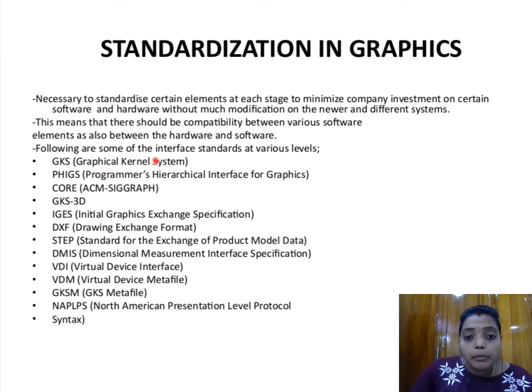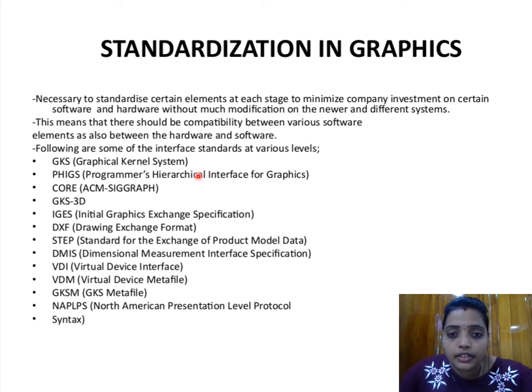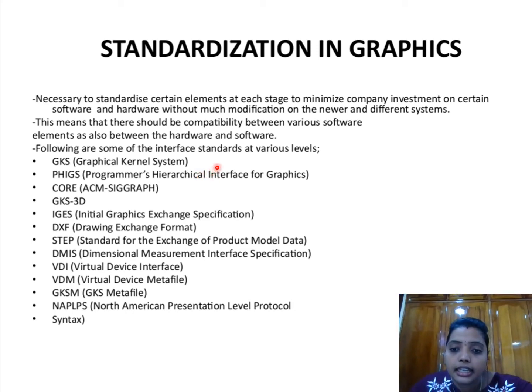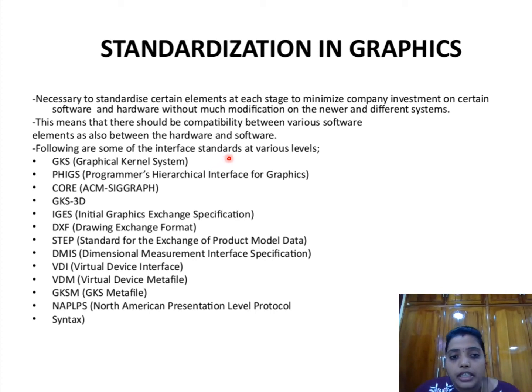Okay, following are some of the interface standards at various levels. As I said before, those are the different types of standards. Now let us see one by one and what are the full forms of those. First one is GKS.